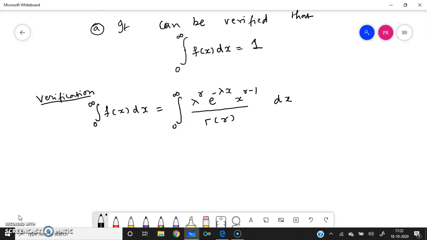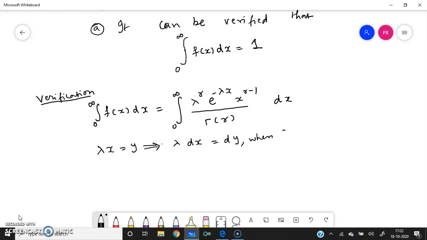We will use the substitution method. That is, lambda times x we will take as y. Therefore, lambda dx equals dy.